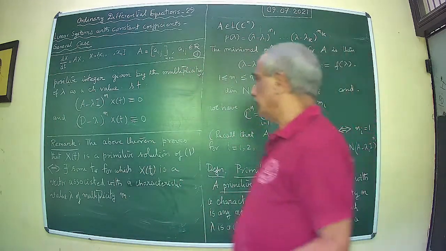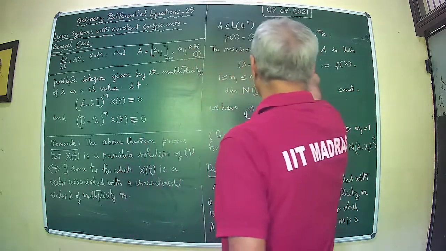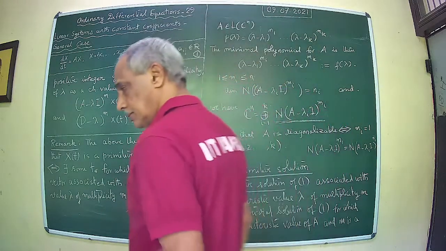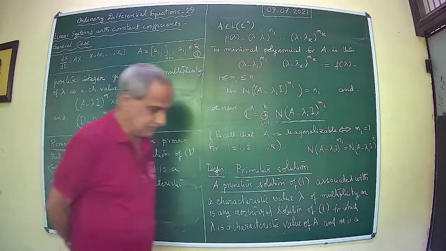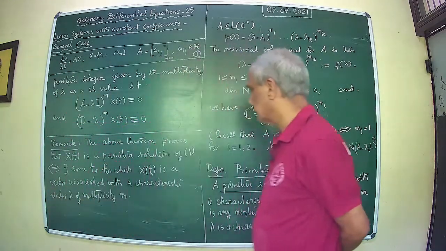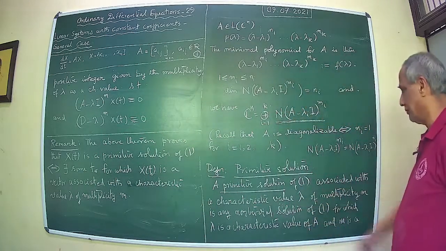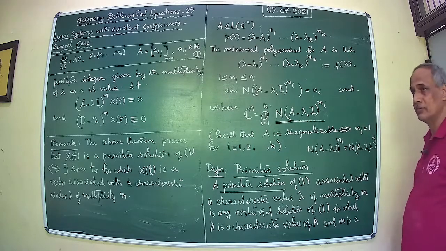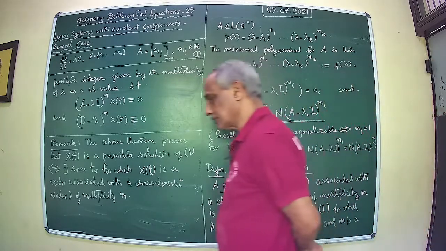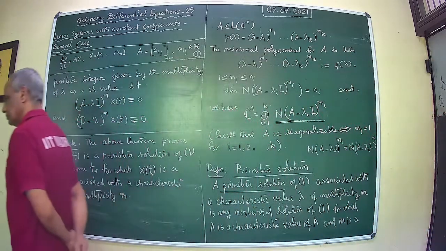So associated with each of these lambdas, you can have primitive solutions. Okay. Provided you get hold of these vectors associated with each of these eigenvalues or characteristic values. Okay.